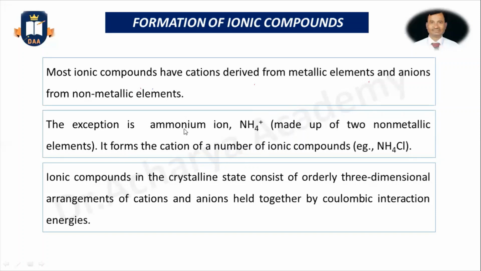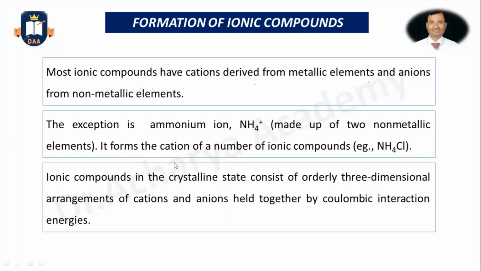But the ammonium ion, NH4 plus, as a cation is formed from these two non-metallic elements. And this NH4 plus cation usually forms a number of ionic compounds: ammonium chloride, NH4Cl, ammonium sulfate, NH4 whole twice SO4, etc.